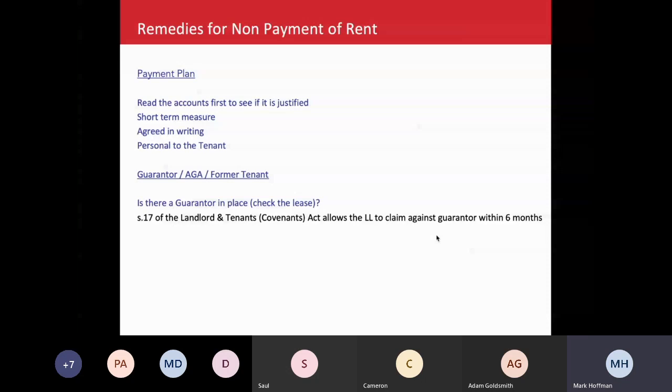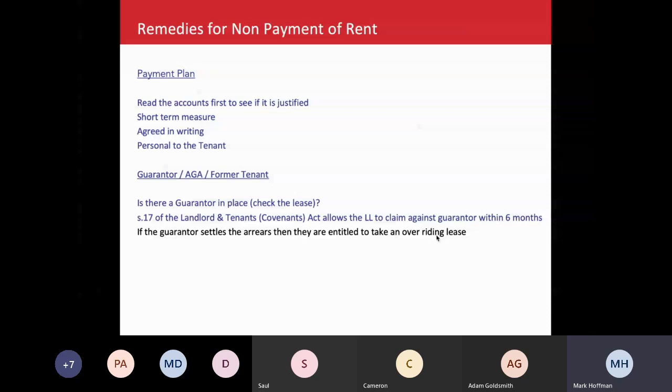If the guarantor settles the arrears, then they're entitled to take an overriding lease. Okay, so you've got to think about whether or not you actually want to pursue the guarantor.